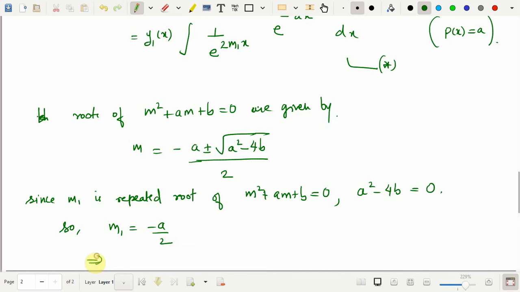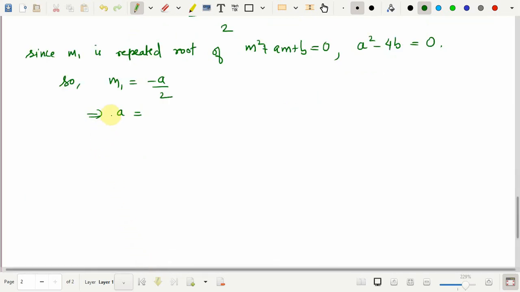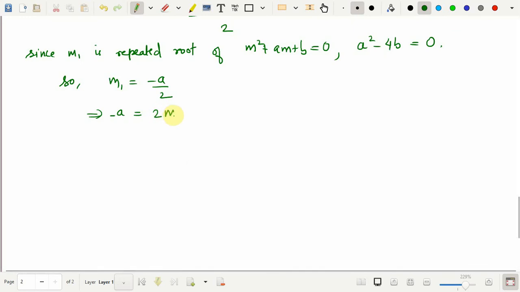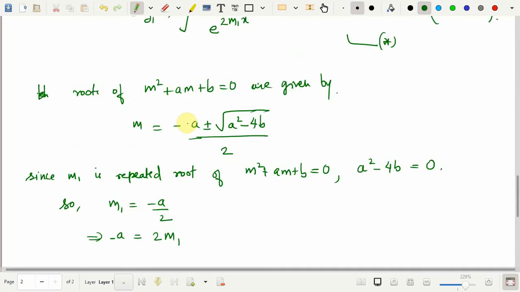This implies that minus a is equal to m1. So you can substitute this in star.